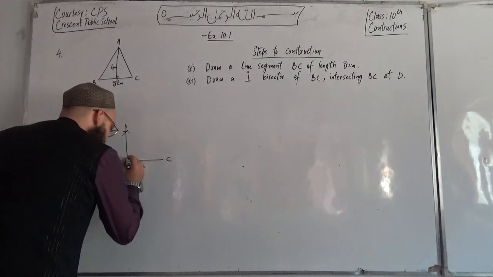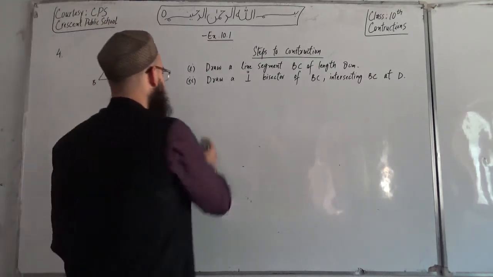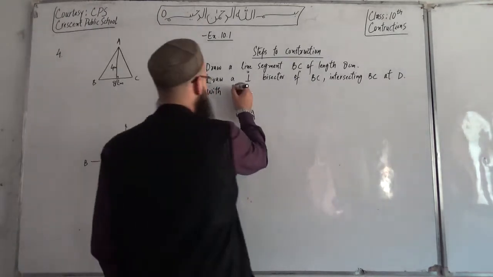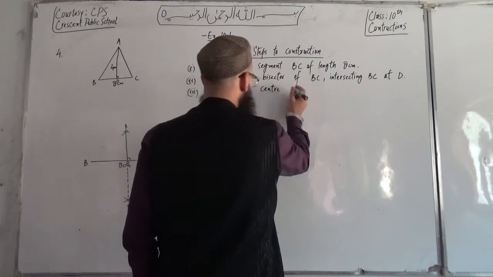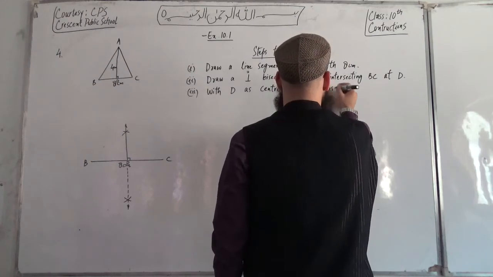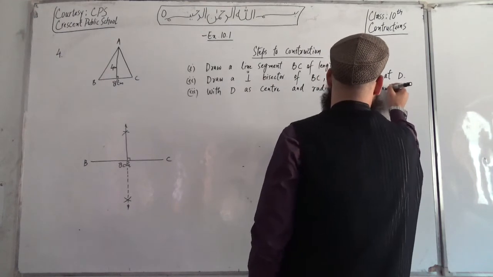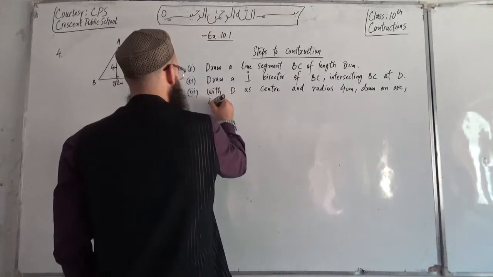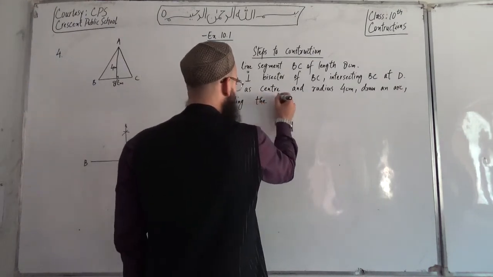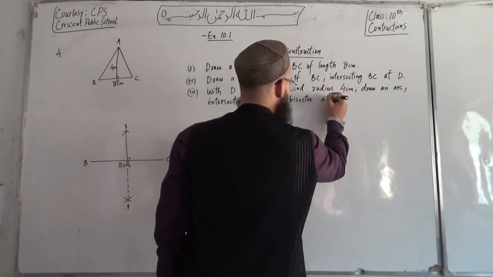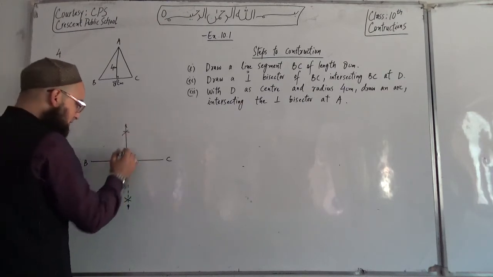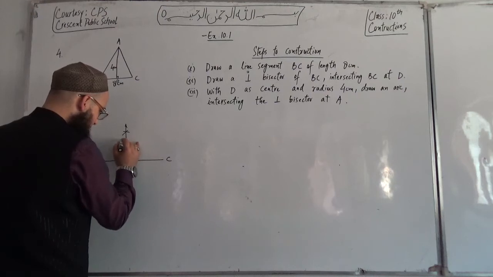Then number 3, with D as center, and because the length of the altitude is 4 cm, with D as center and radius 4 cm, draw an arc intersecting the perpendicular bisector at A. Where this intersects the perpendicular bisector, that will be our A. So with D as center and radius 4 centimeter, it goes like this.